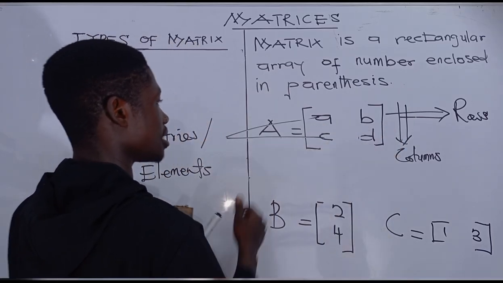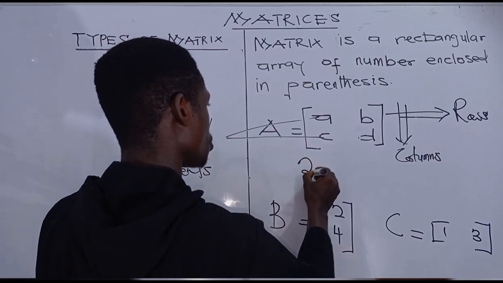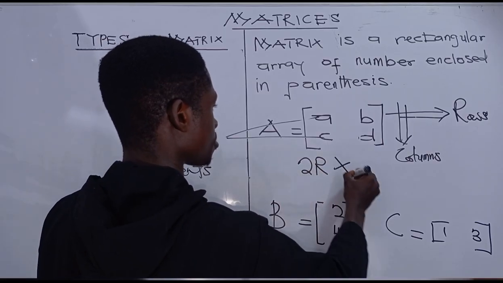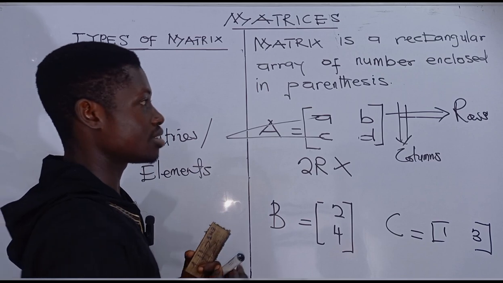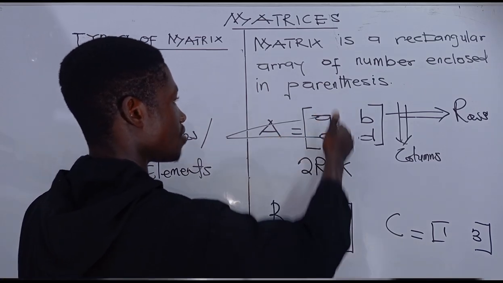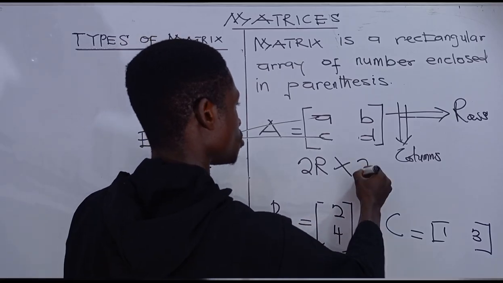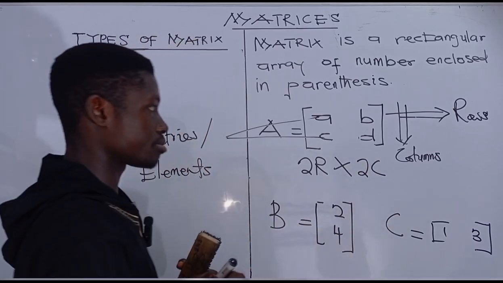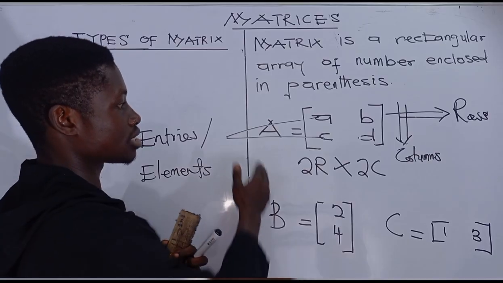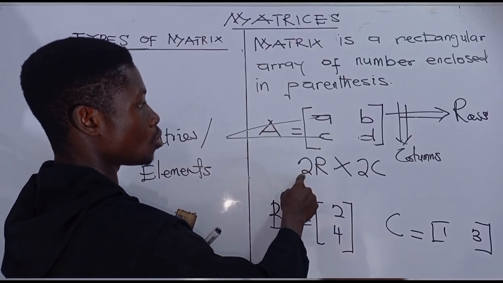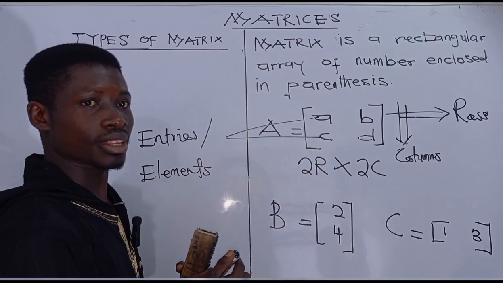So matrix A is having two rows. How many columns do we have? Matrix A is having first column, second column. So matrix A is having two columns. So the dimensions of matrix A are two rows and then two columns.